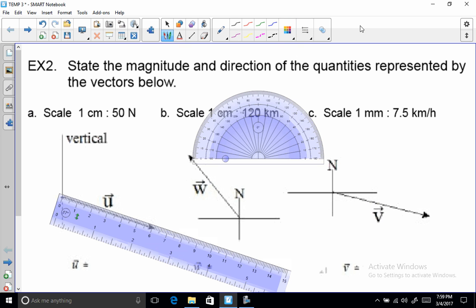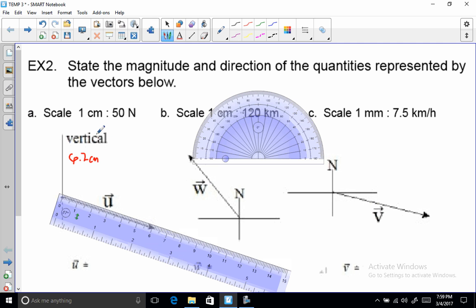That's not the actual number of newtons, though. 6.2 centimeters is 6.2 centimeters.